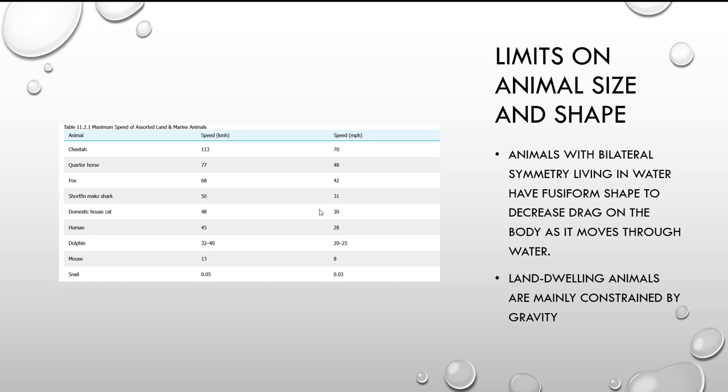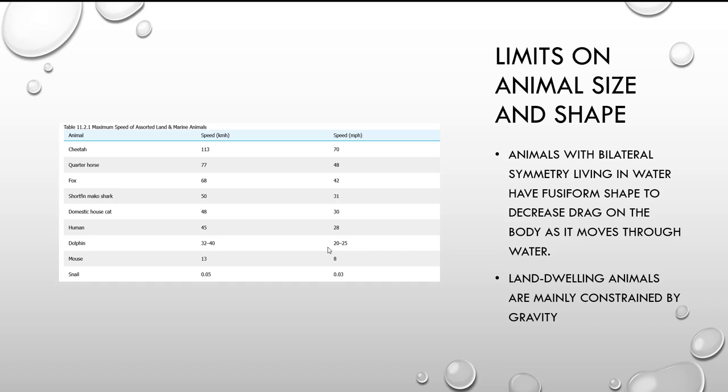Cats are faster than us, okay? If you have a cat, you know they can outrun you. Little mouse, despite its small body, it can run pretty fast. I mean, 8 miles per hour for that tiny little thing, that's pretty fast considering how small it is.